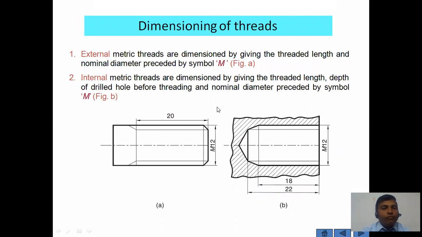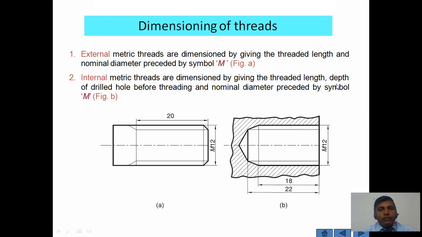Then dimension for the thread. If such a feature is shown, what does it indicate? The M indicates metric threads. External metric threads are dimensioned by giving the thread length and the nominal diameter, preceded by the symbol M. So M12 means the diameter of that particular thread, that is the original or nominal diameter.